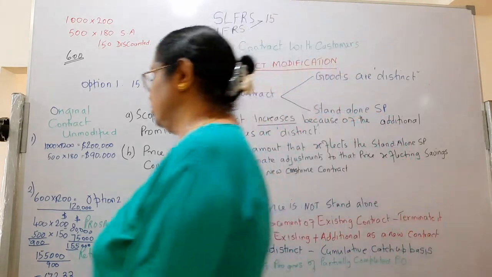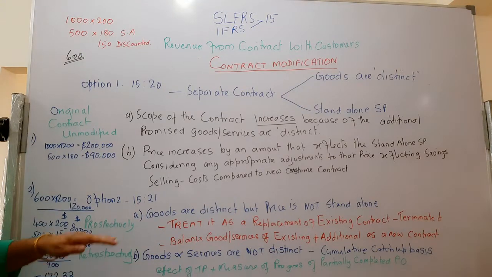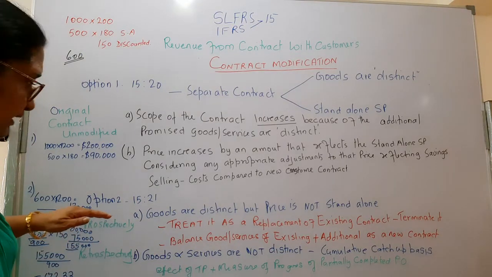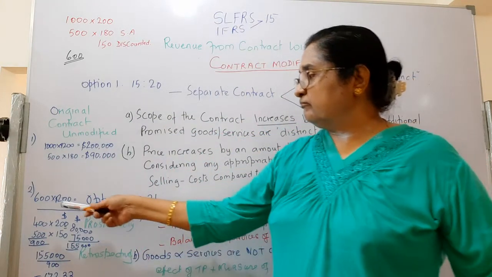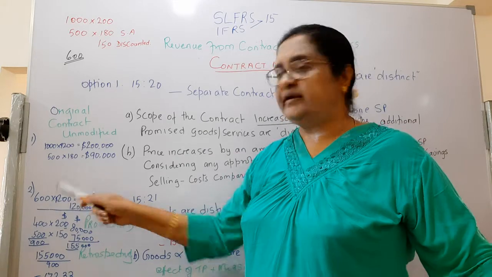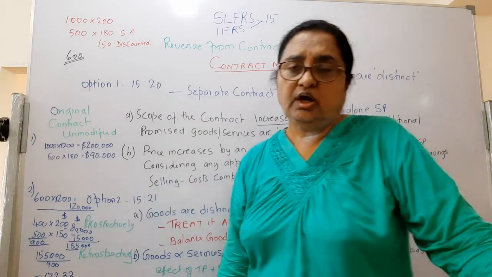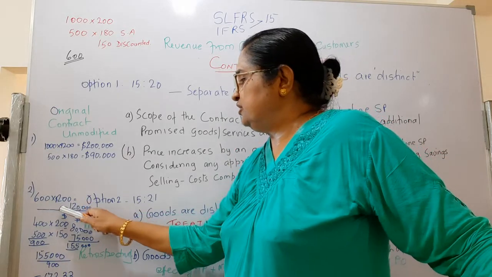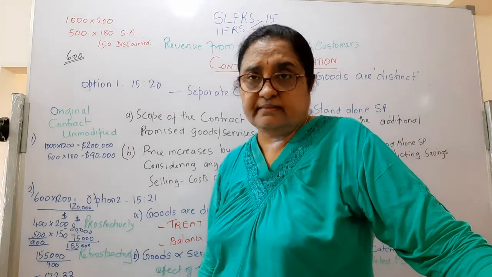Then you have to replace the contract. Treat the 600 as a separate contract. At 200 you have supplied, it's terminated, finished, all gone. So 600 into 200, you recognize a revenue of 120,000 and close the matter.